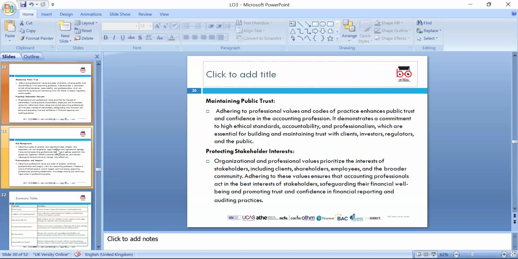Maintain the public interest, the really wider interest of the public, and promote the trust of the public. Ethical standard, accountability, and professionalism are essential for building and maintaining trust with clients, investors, and regulators. So, protecting the stakeholders' interest, which we said is internal and external.